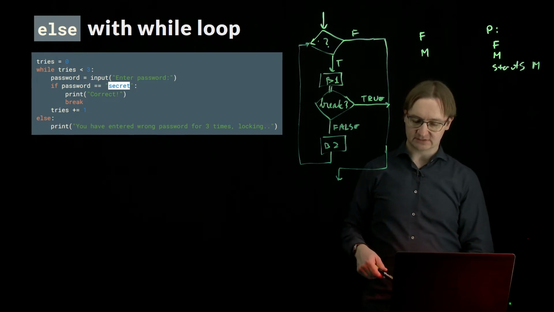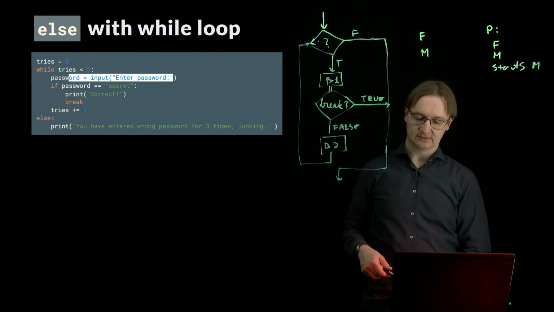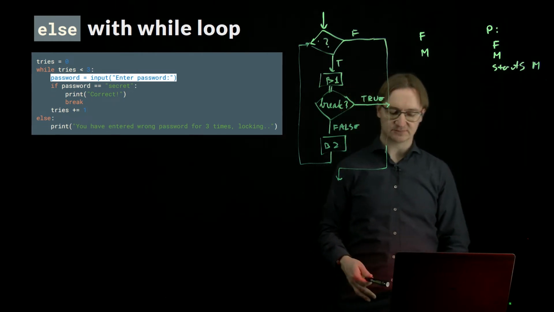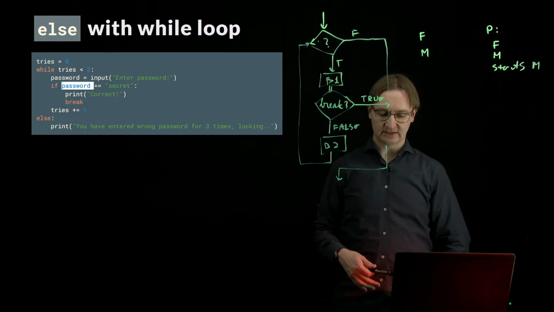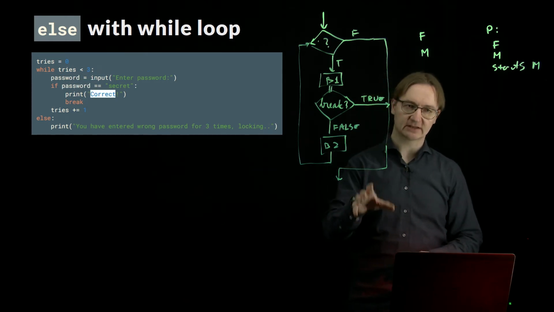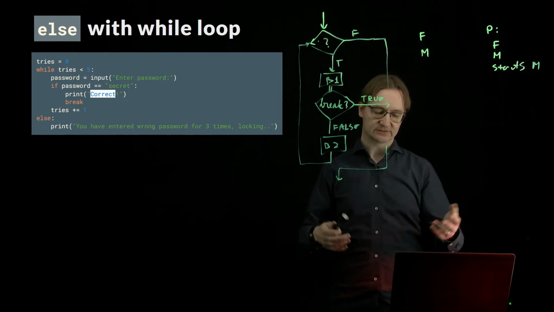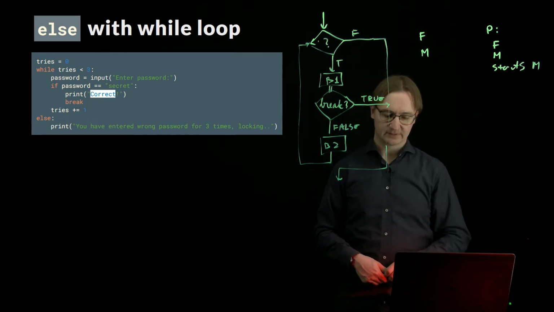With this input line we ask for user input. So we get what the user enters from the keyboard into this password variable. Now if the password is secret, then we print out that this is correct and we break out from the loop. So we know that the break was executed, the password was correct, and we can continue with our code.